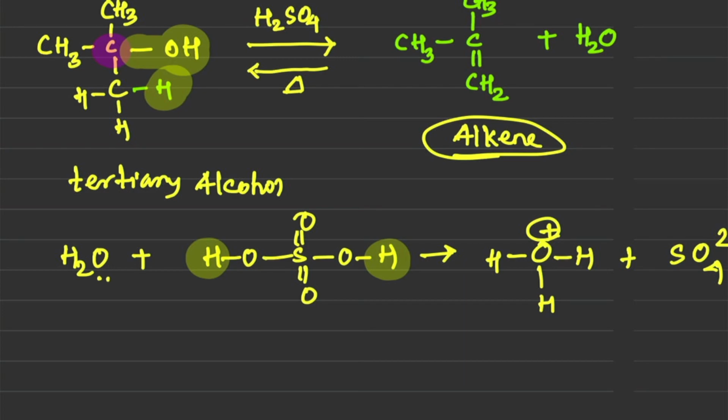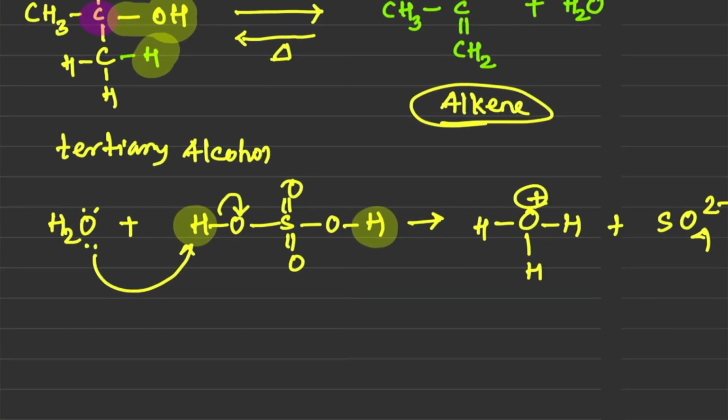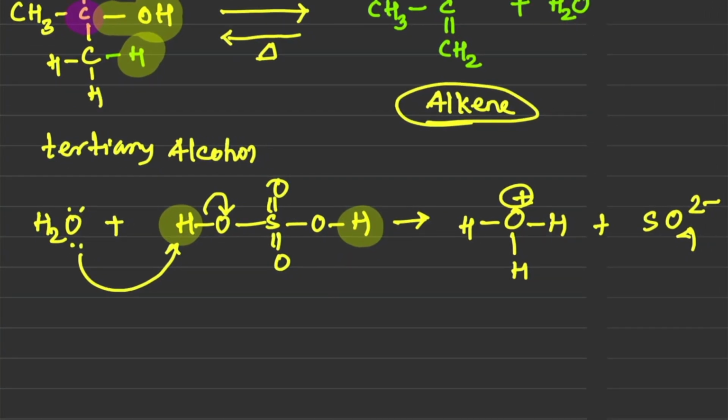I'm just showing you one example of what is happening. So this thing is attacking. The oxygen has a lone pair, and that lone pair will abstract a proton from sulfuric acid, and sulfuric acid has two acidic protons. So basically we can balance this equation by saying something like this.